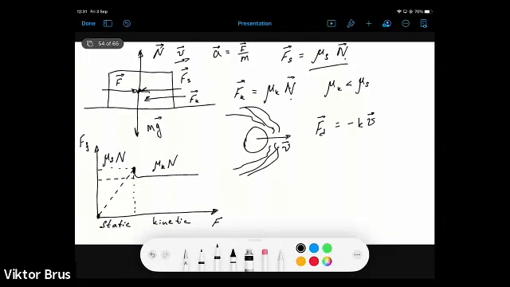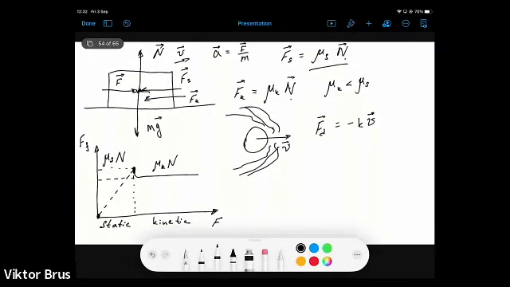Obviously, it's easier to move in air than to move underwater. It will be much higher density, higher viscosity, and there will be a huge impact of the environment on this drag force. So that is taken into account by this coefficient k.